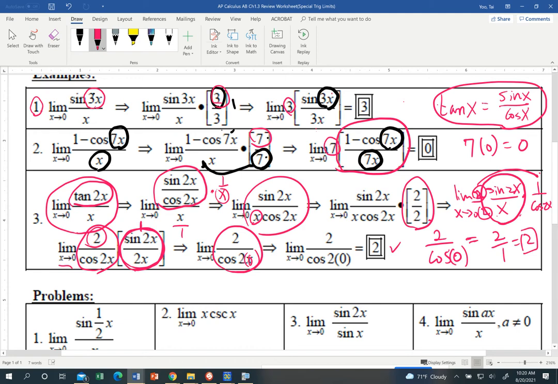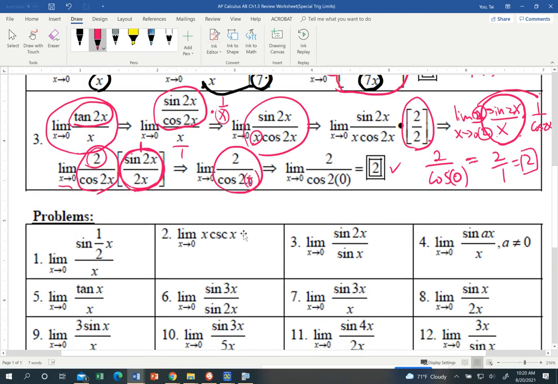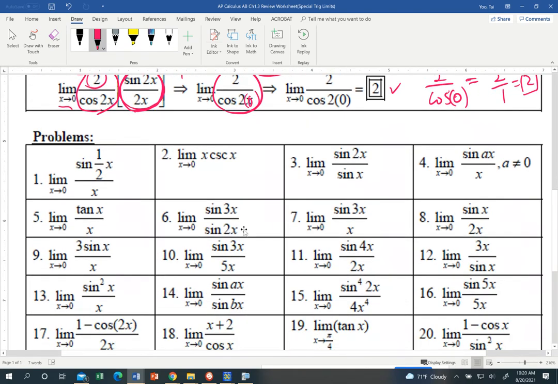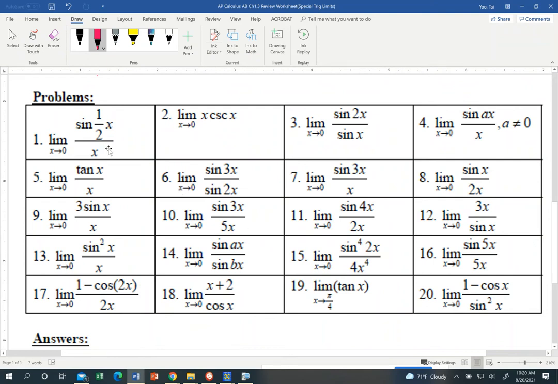Okay. So I just went over 3 examples. I'm hoping that you guys can do this. I don't know. We'll see. Like I said, I'm going to record this and I'll post it today. So go ahead and try number 1 on your own.